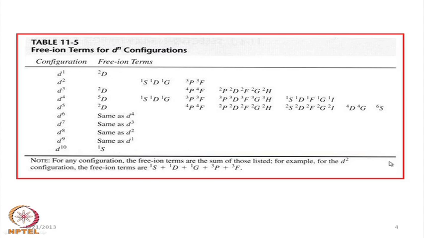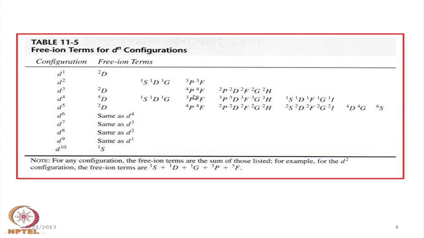What we have seen just now for the d2 electronic configuration, the free ion terms are 3F, 3P, then 1G, 1D and 1S. So, this is the corresponding ground state term. Similarly, for d2 we have 3F and 3P.